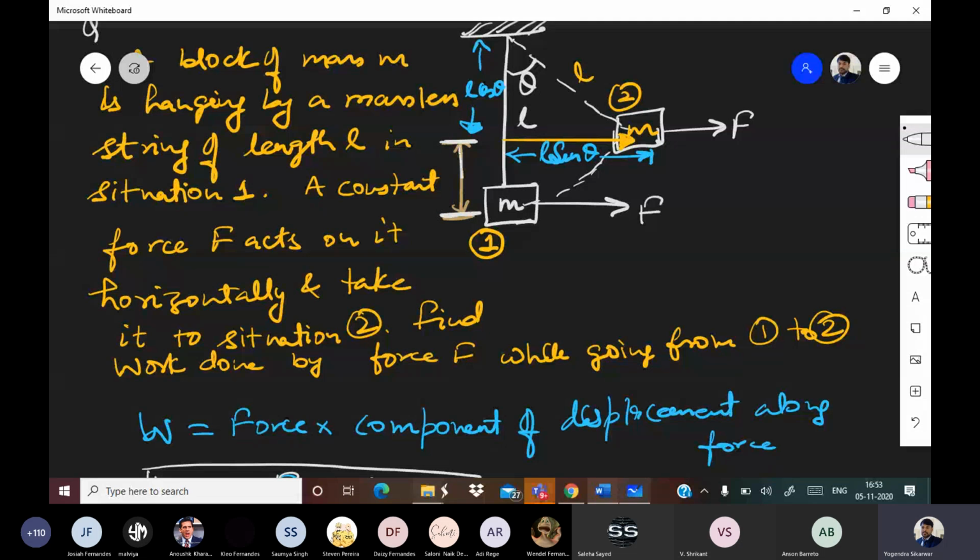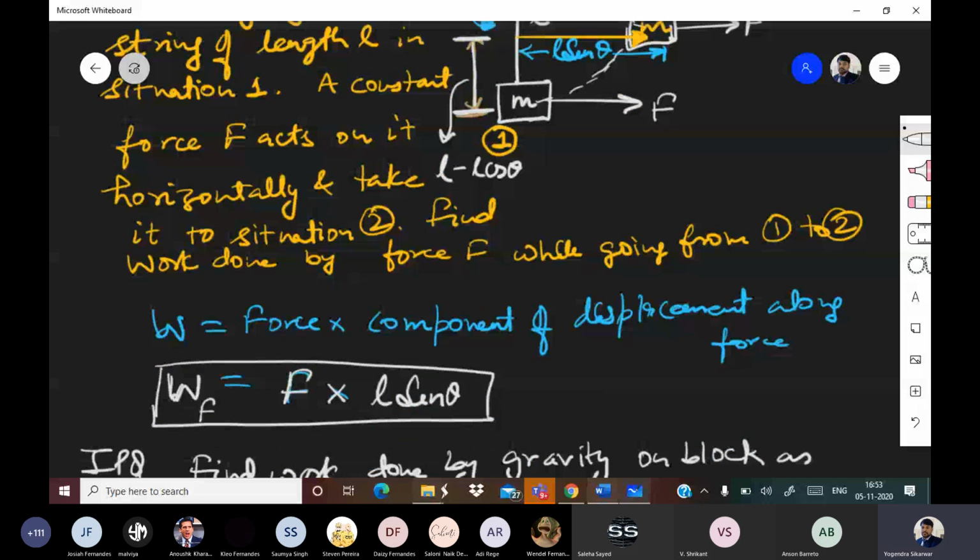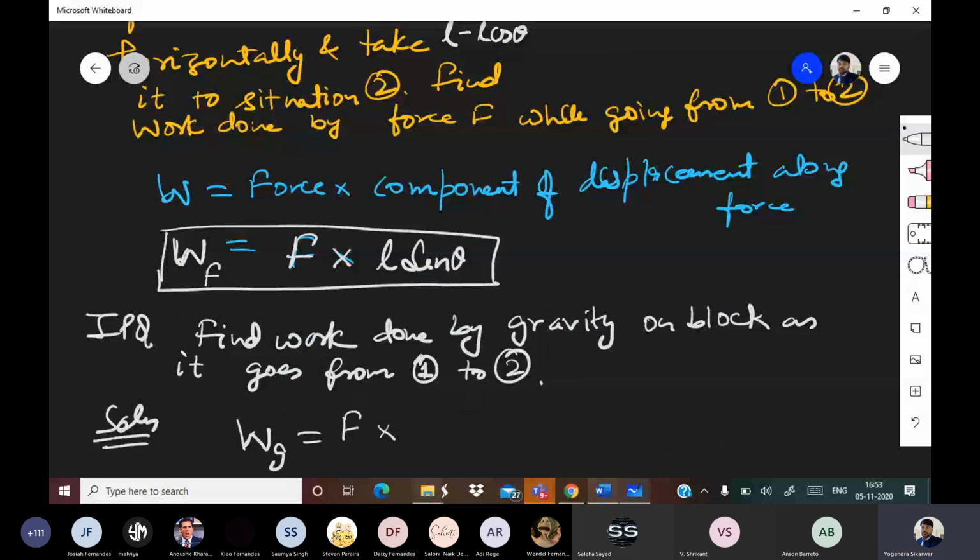How much is this value? This is L minus L cos theta. So W by gravity is equal to F into L minus L cos theta. F is mg downwards, so it is minus mgL into 1 minus cos theta.